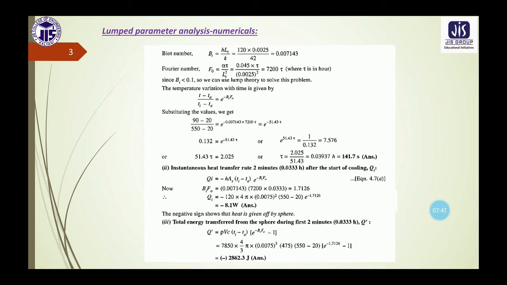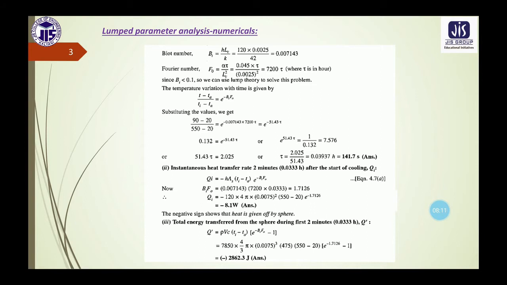Now if we use this formula, the value of Biot number and Fourier number is already known to us. In case of the Fourier number, we actually got 7200 multiplied by tau. But for the first part of the question, the value of tau we got was 141.7. For the second part, we need to calculate the heat transfer rate when tau is 2 minutes.